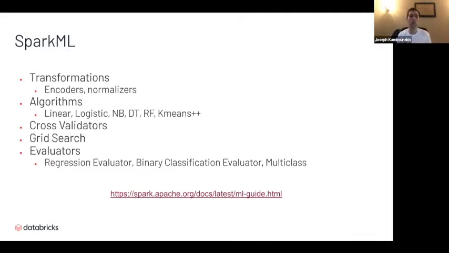But you get traditional algorithms like linear regression, decision trees, logistic regression, clustering algorithms, boosted trees, a lot of the traditional machine learning things. And then within that, you also get ways to do cross-validation, you can do grid search, and then you can evaluate the models. And I'll show a lot of these. Certainly transformations, a couple algorithms, and the evaluators in a few moments.